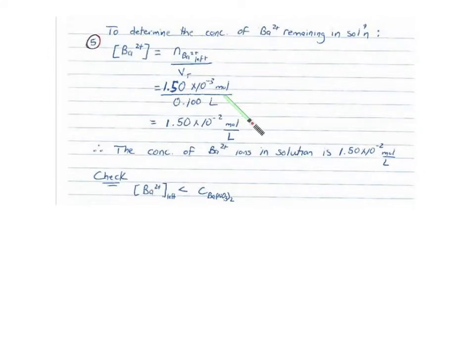Then I can use that value along with the total volume to find the concentration of Ba2+ in that solution. A quick check here would be that the concentration of Ba2+ that remains in the solution is smaller than that initial concentration of Ba(NO3)2, because of course we know that some of the Ba2+ from the Ba(NO3)2 was used to produce the precipitate, the barium chromate.